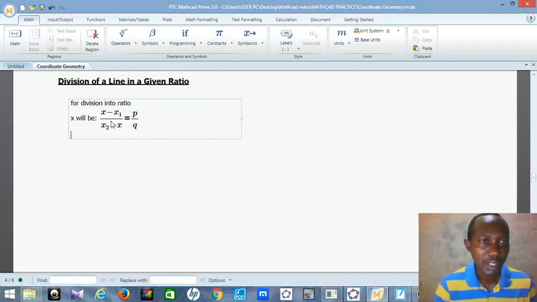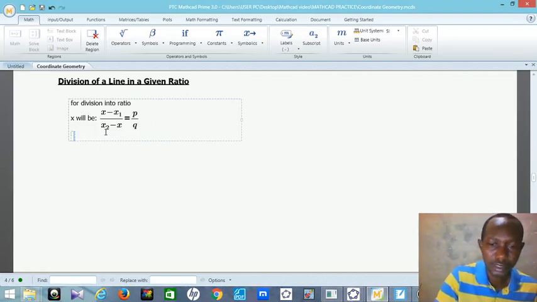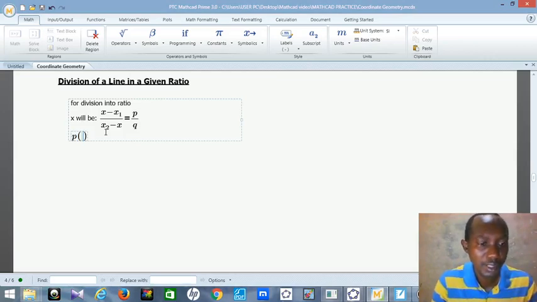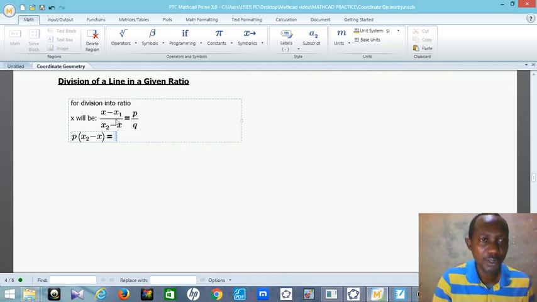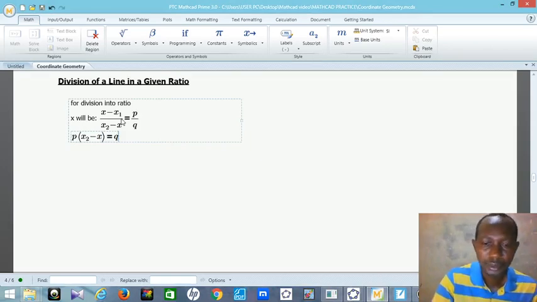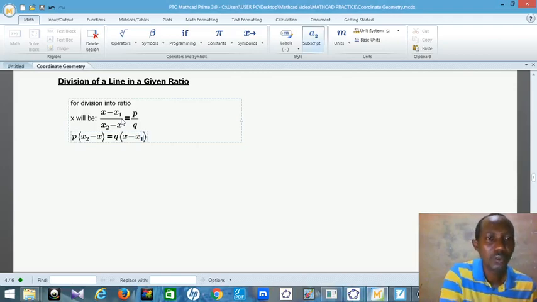You cross multiply. You know how to cross multiply, so just watch as I put it down. I have my p open bracket x2 minus x, then equals to, p we times this, then q we times this side, which is q open bracket x minus x1.